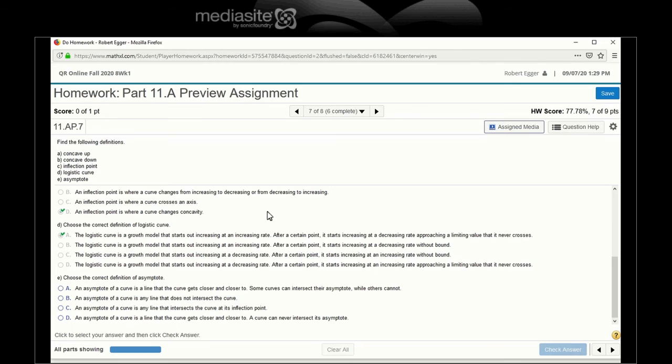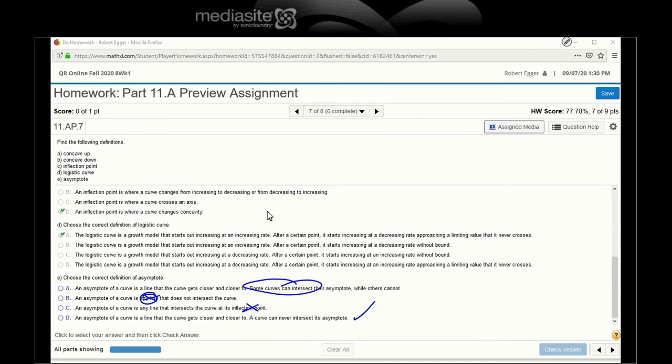Asymptote. An asymptote of a curve is a line that the curve gets closer and closer to. Some curves can intersect their asymptotes while others cannot. An asymptote of a curve is any line that does not intersect the curve. An asymptote of a curve is any line that intersects the curve at an inflection point. An asymptote is a line that gets closer and closer to a curve, but can never intersect it. Nope, any line gets that one out.